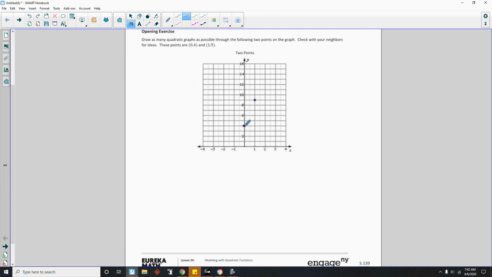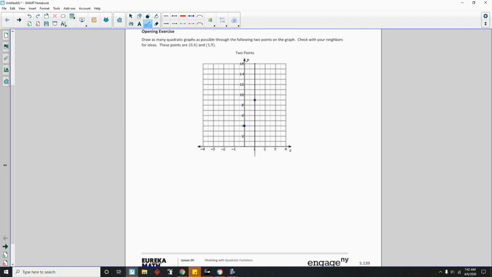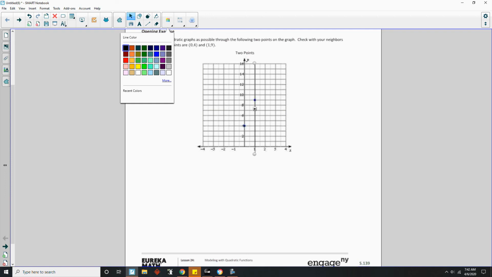So if this is the vertex, I'm going to draw an axis of symmetry just to give you an idea. Let's make that a color I can see. Okay, so there's our axis of symmetry. Well, let's do this one first then.